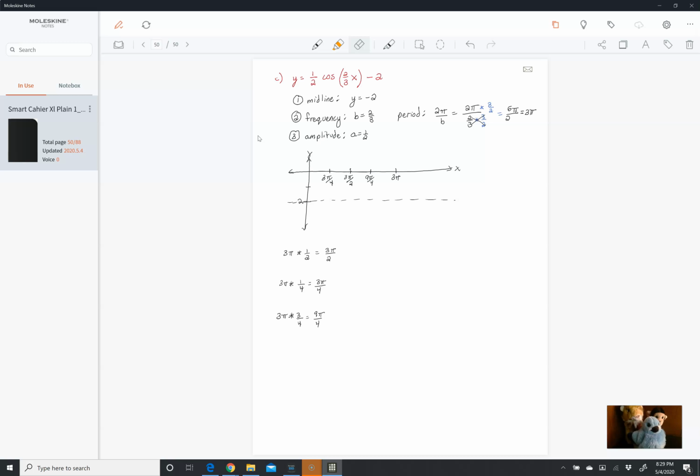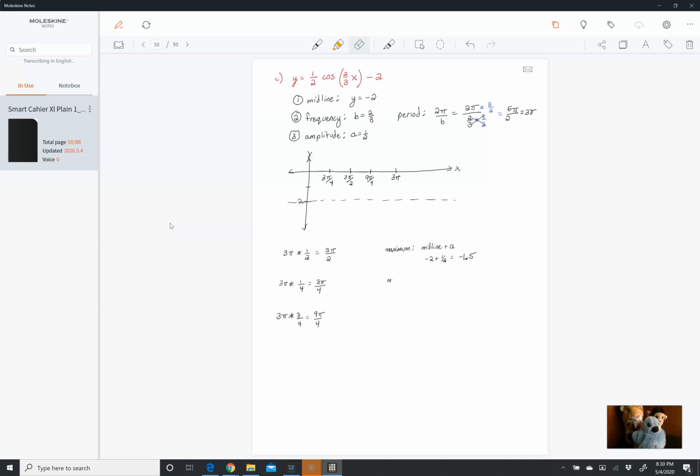Okay. Now we're going to find our minimums and our maximums. So our maximum is our midline plus our amplitude, or -2 plus 1/2. This is -1.5. And yes, it is perfectly fine to do this in decimals, okay?